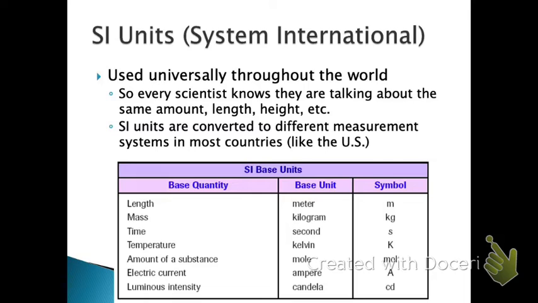The one thing that sticks out to me is this kilogram. Why is it not just gram? Right? Kilo is a prefix. So why is it kilograms and not grams? Okay, the reason that it's called the base unit for mass is because if we measured everything in grams, we would be dealing with thousands of grams for every measurement, because a gram is a really small unit.